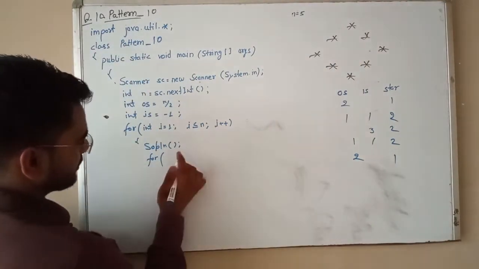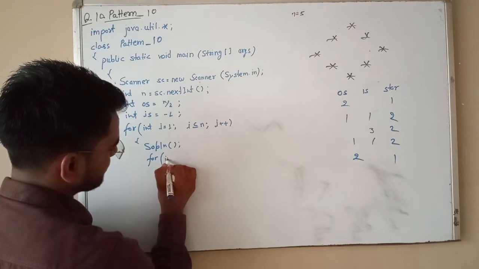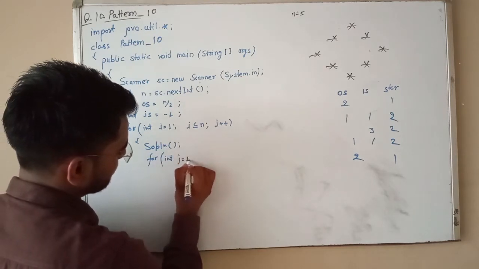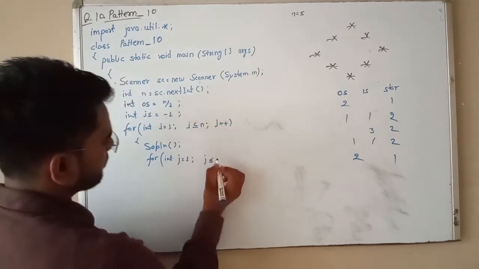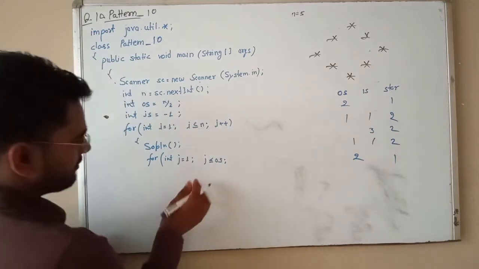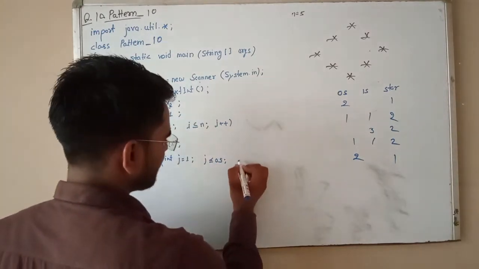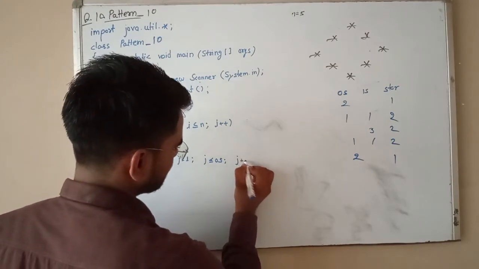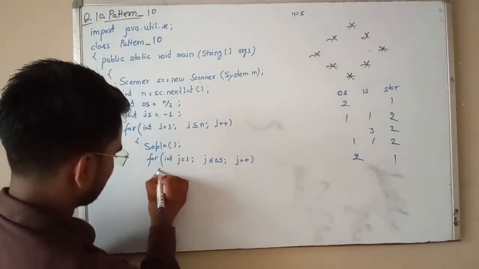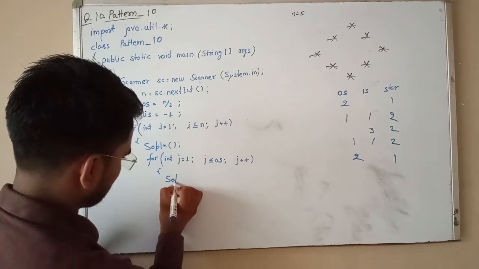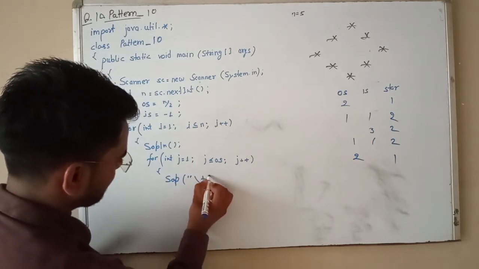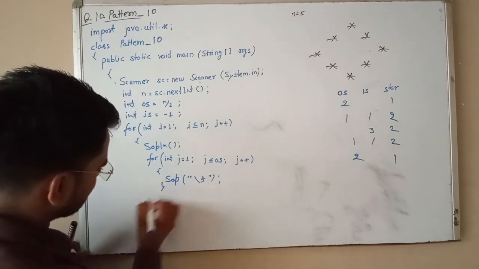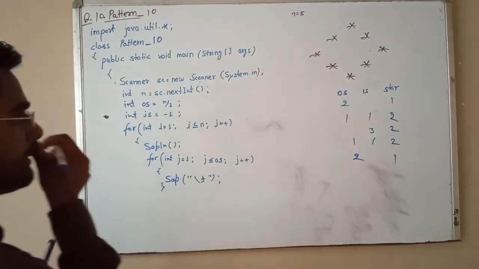For the outer space we use int j equal to 1 and j less than or equal to outer space, so it prints outer space times. Here j plus plus and SOP, which prints only space. Close this.